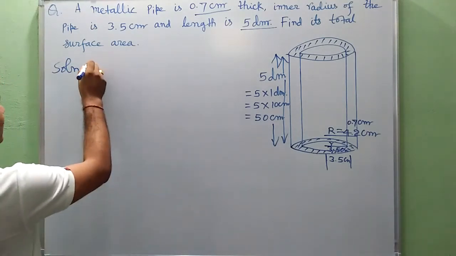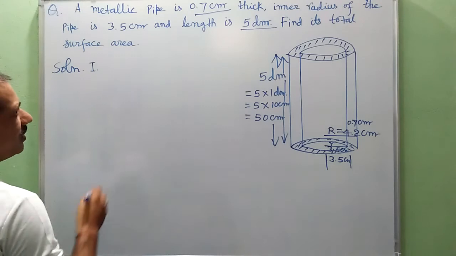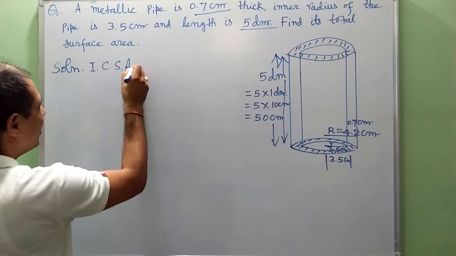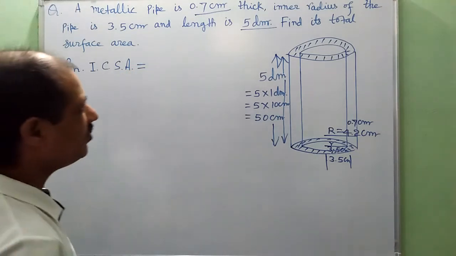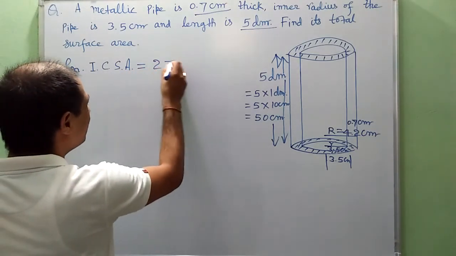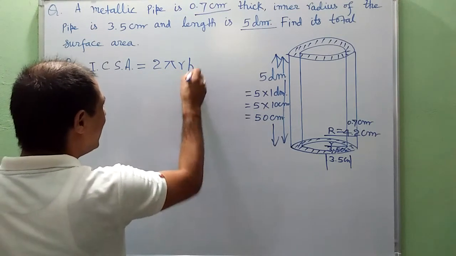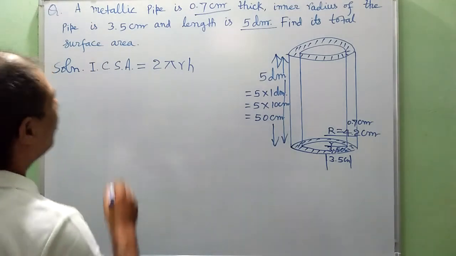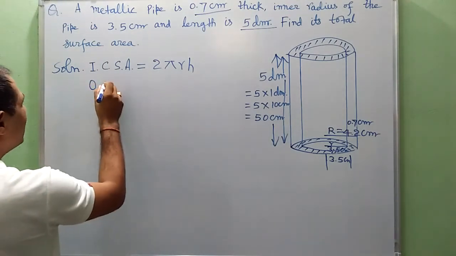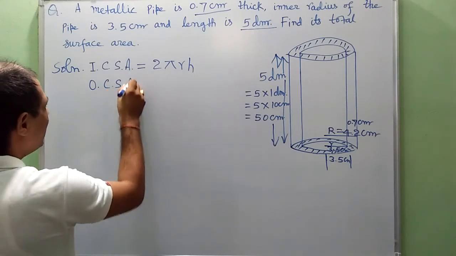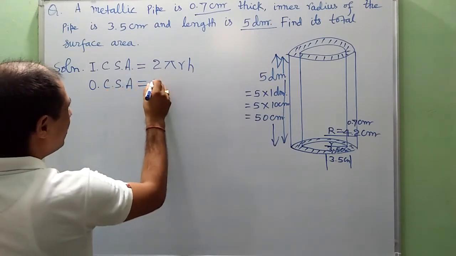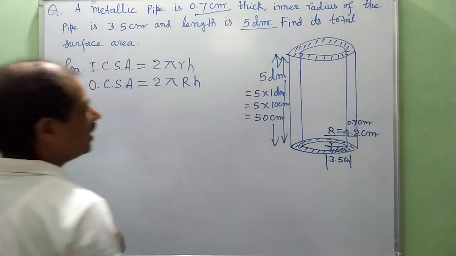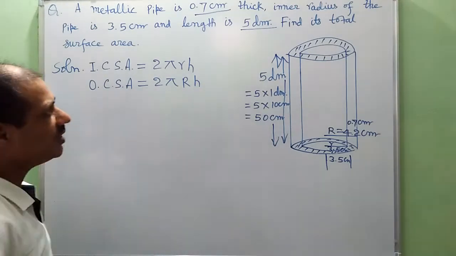Now, inner curved surface area of this pipe will be 2 pi r h. Outer curved surface area will be equal to 2 pi capital R h, and two rims or bases.